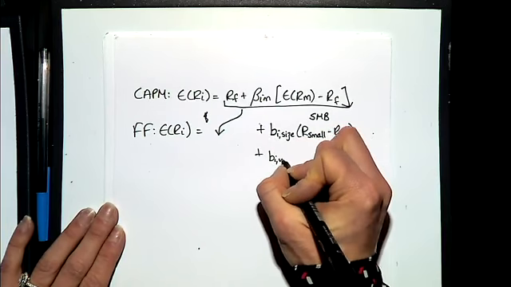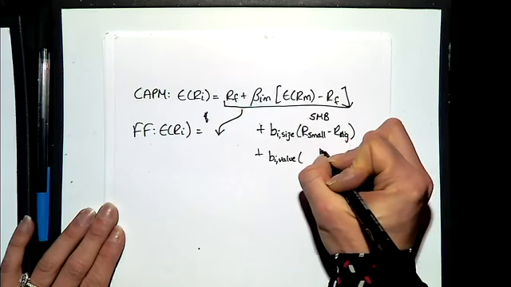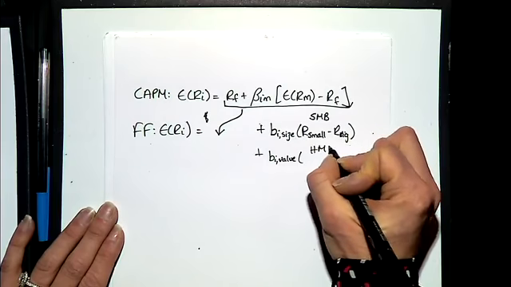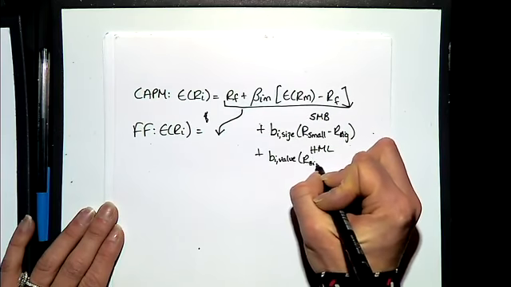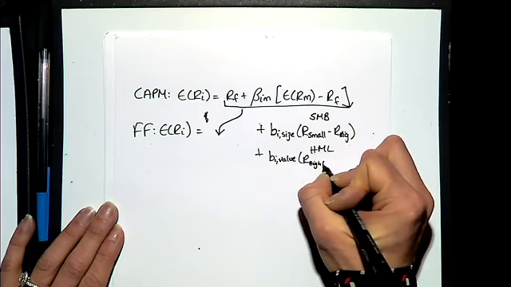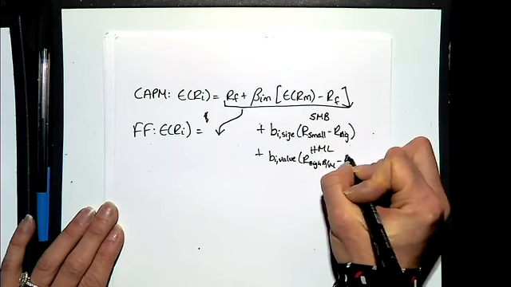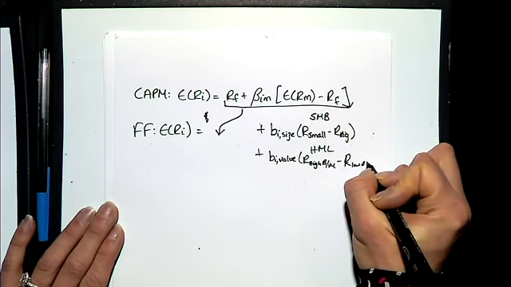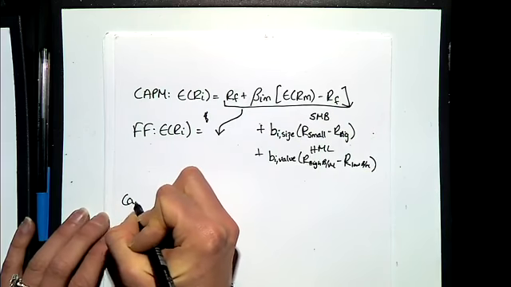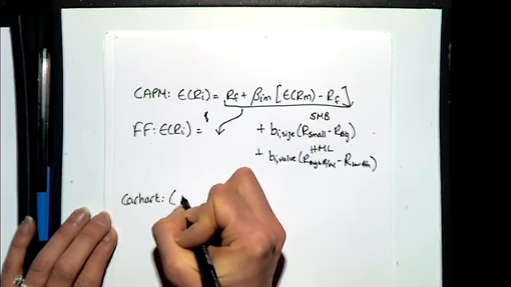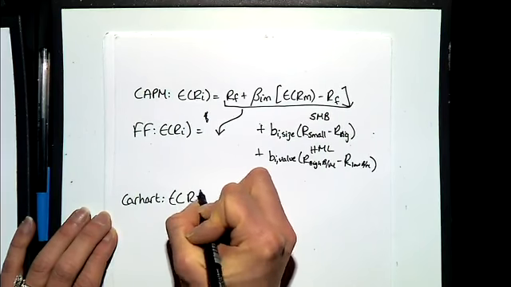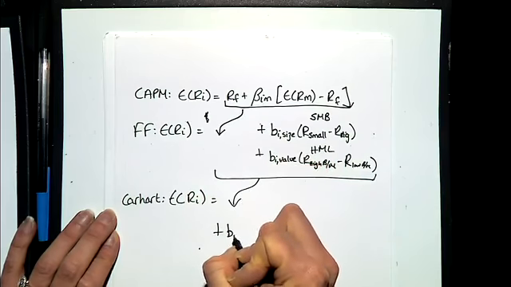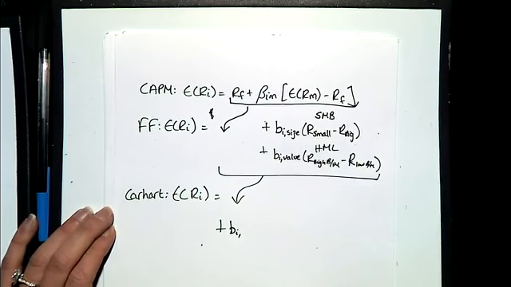And there's what we call the value, if you like, premium. What's this factor called? HML, high minus low, which is the return on stocks with high what? Book to market, less stocks with a low book to market. Then you have Carhart, where the expected return on an asset is the same as all the Fama-French, plus one extra factor, and what's that?